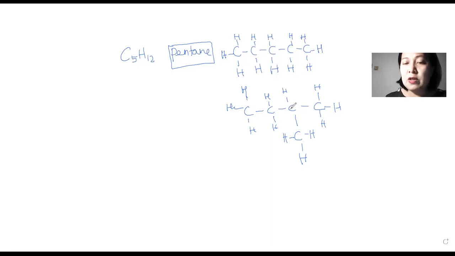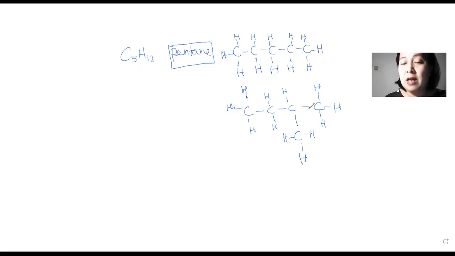Then it can be your main chain. Now in this case, if we go turning like this, you will have a main chain of 4 carbons. Or if you go horizontally, you will also have a main chain of 4 carbons. So to make it easier for us to name it, we just use the one that is horizontal.